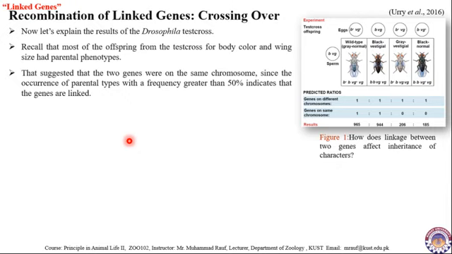Why, if linkage exists, is there a new allele combination? Why do not all the offspring show the parental phenotype? It is because in some of the gametes crossing over does take place, which separates the two alleles from each other. How this recombination frequency is calculated, we will show you in the coming slide.